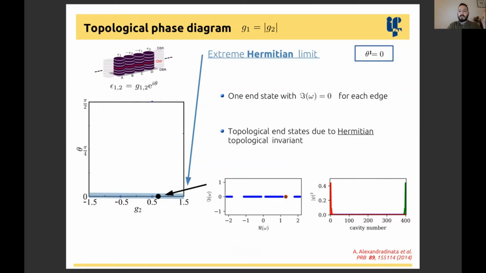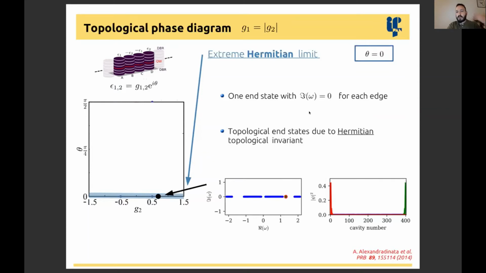So let's focus on theta equals 0. We have the extreme Hermitian limit. Here we can see that there are 4 bands. Our eigenvalues all have real components. The imaginary part is 0, and we can see the emergence of 2 edge states, which are protected by some symmetry, and we can define a topological invariant in this situation.